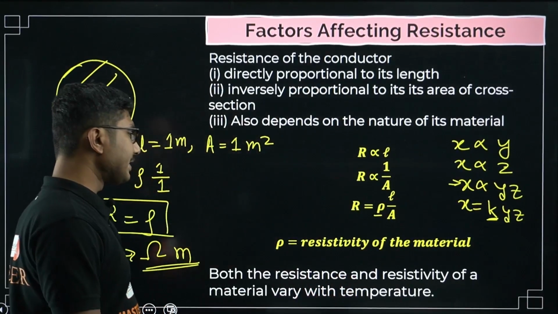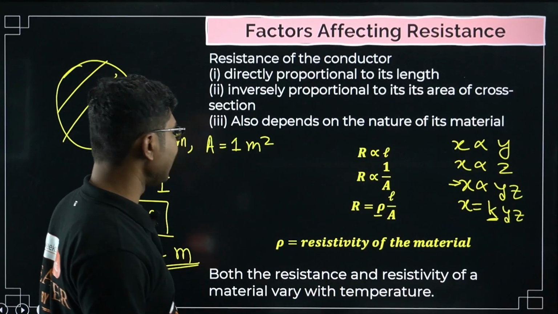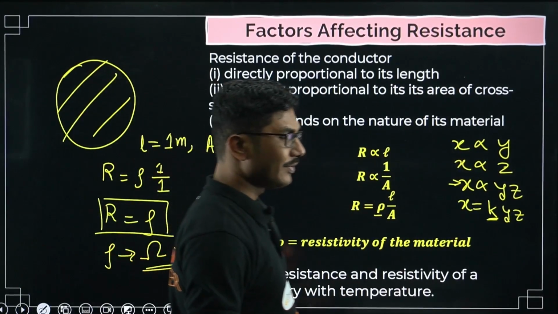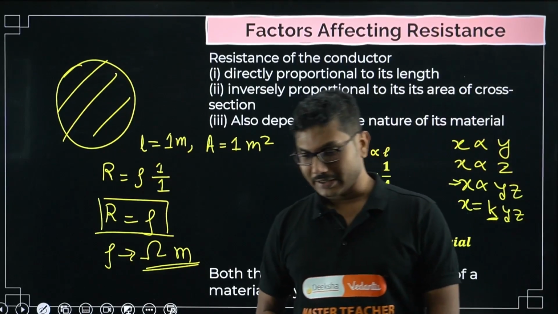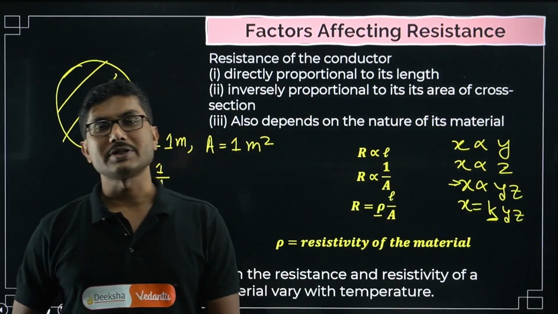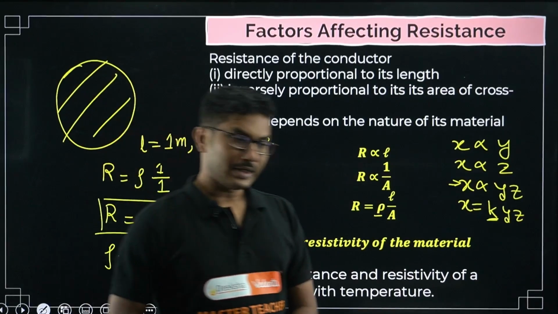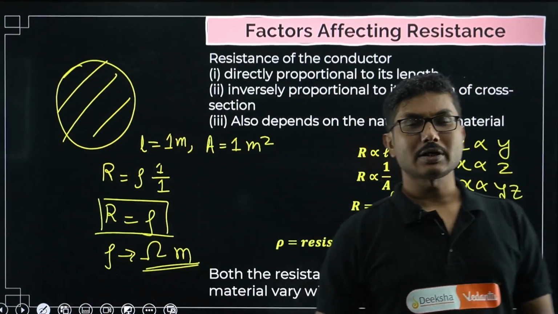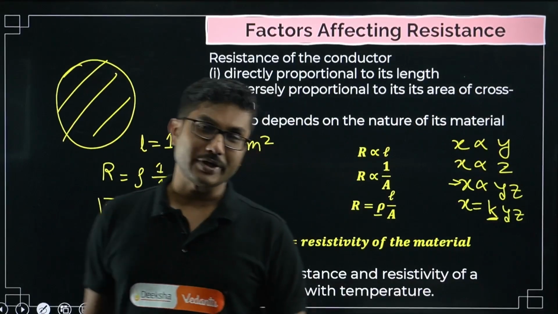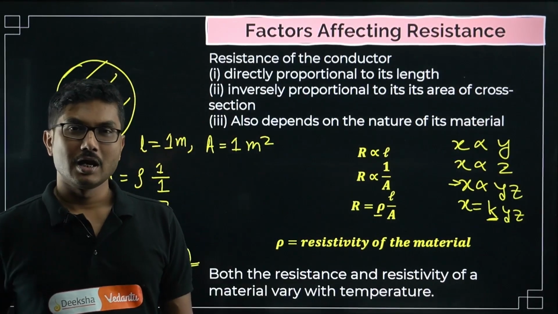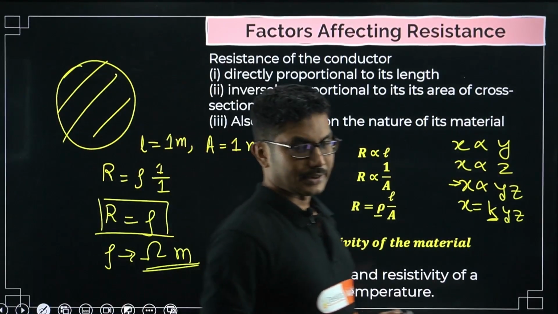Both resistance and resistivity of a material vary with temperature. Very important thing that you should know: even though I am saying it is constant, they are not constant with temperature. They are constant if you keep the temperature constant, then rho is constant. Resistance you can change by changing the length or the cross sectional area, but resistivity will remain the same.